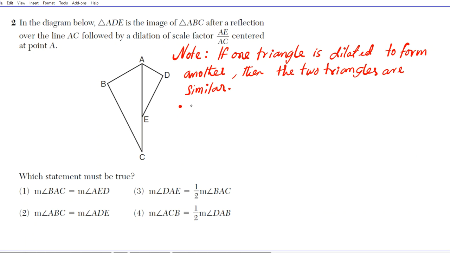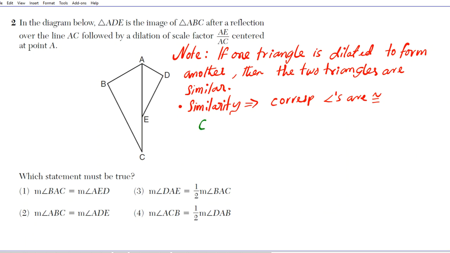So similarity implies that corresponding angles are congruent. That will be sufficient here. So let's go ahead and list our corresponding angles in this situation.